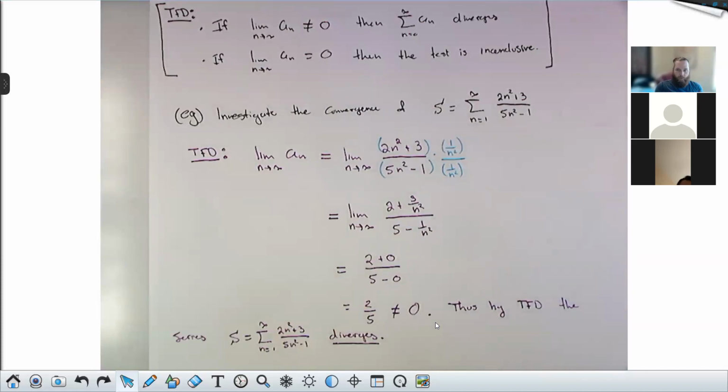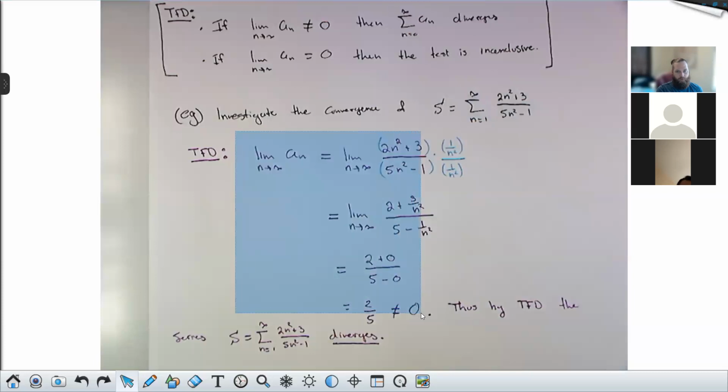Because I did not work directly with the series. You see any capital sigmas anywhere in this work? No. See any partial sums anywhere in this work? No. Nowhere in here am I using the definition of this object or anything directly related to this object.